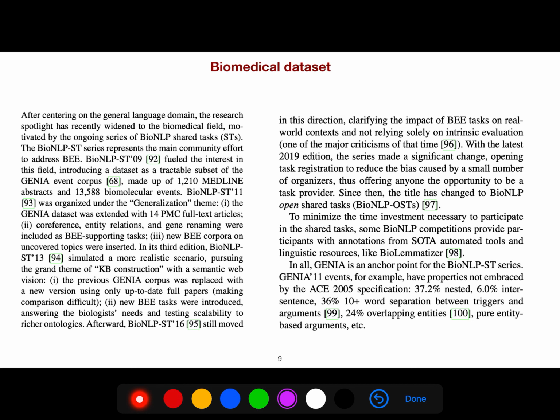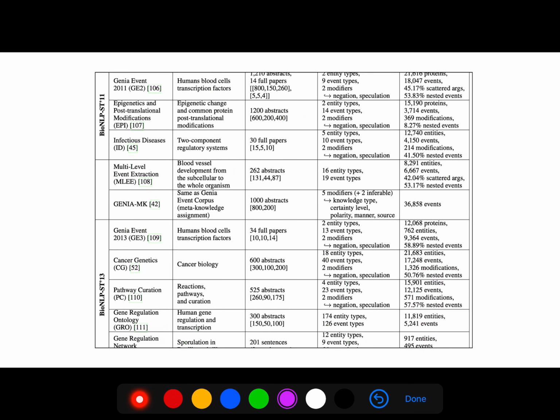So GENIA is an anchor point for the BioNLP ST series. GENIA 11 events, for example, have properties not embraced by ACE05. For example, only 37% are nested, 6% are inter-sentence, and 36% have word separation between triggers and arguments. So you see that BioNLP ST13 and others have different datasets.